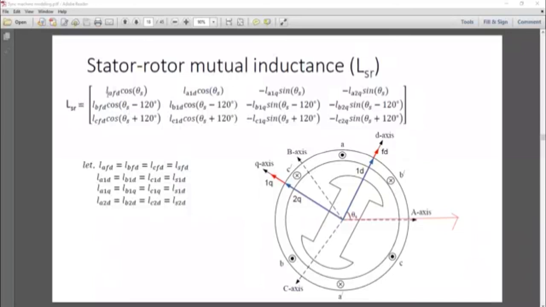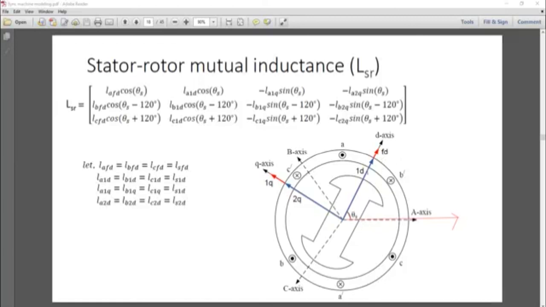So LSR: the FD and A axis are related by theta s. Even if the rotor changes its position, you can relate their distance with the help of theta s all the time. Even if the d axis is somewhere else, the angular distance between d axis and a axis will remain theta s, with some increased value.